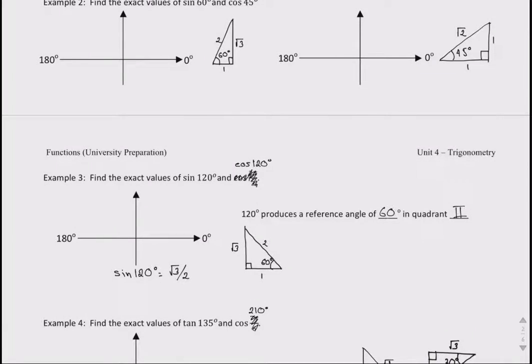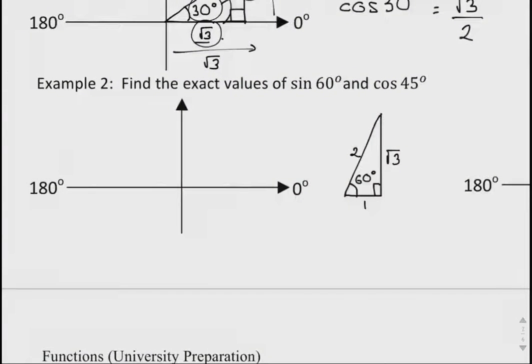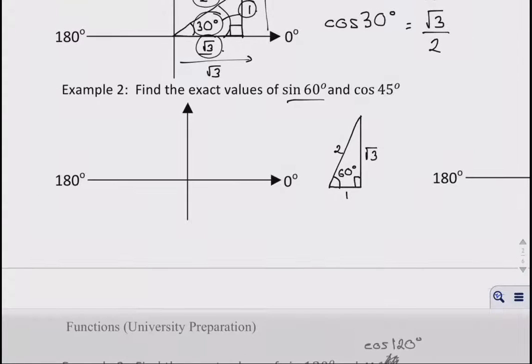In example 2 now, we're looking to find the exact values of sine of 60 and cosine of 45. So let's take the first one, sine of 60. You'll notice that over to the side of my Cartesian plane, I have the 60, 30, 90 triangle. Because 60 is the angle I want to use, that is the only angle I actually labeled in my triangle.